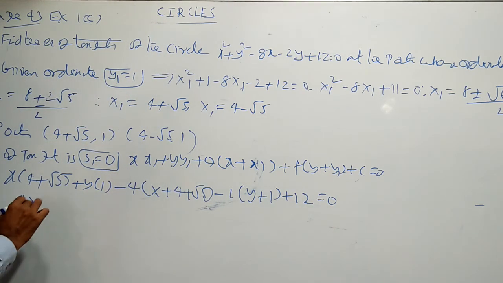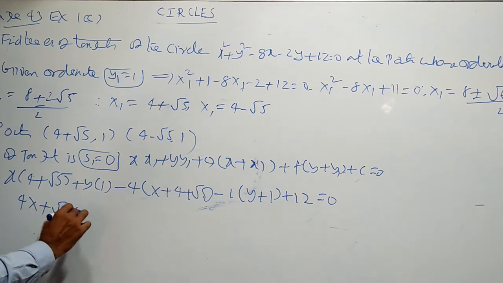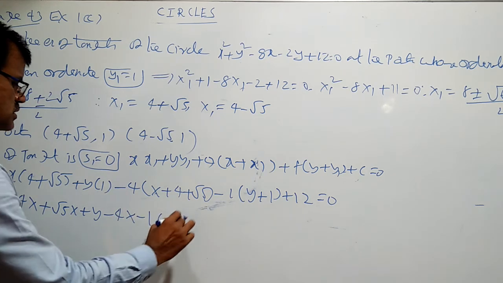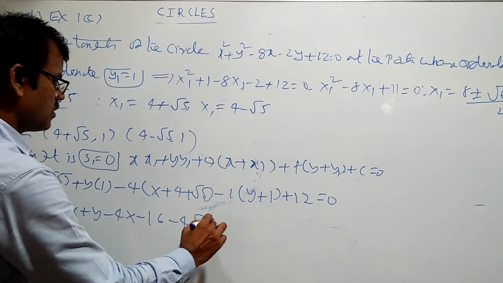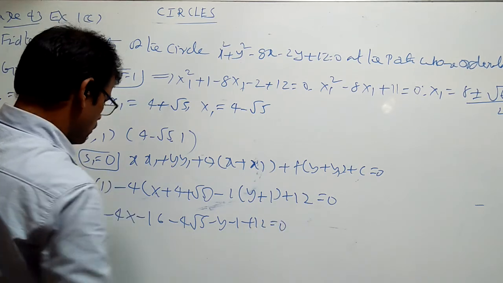So you write here 4x plus root 5x plus y minus 4x minus 16 minus 4 root 5 minus y minus 1 plus 12 equal to 0.